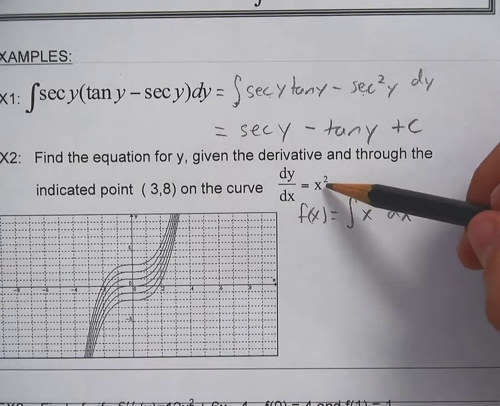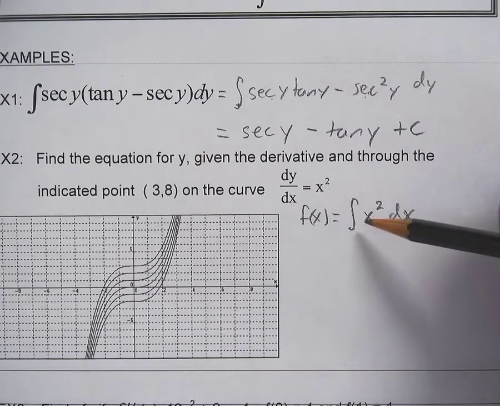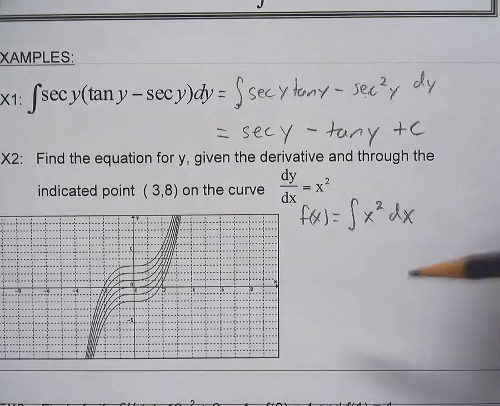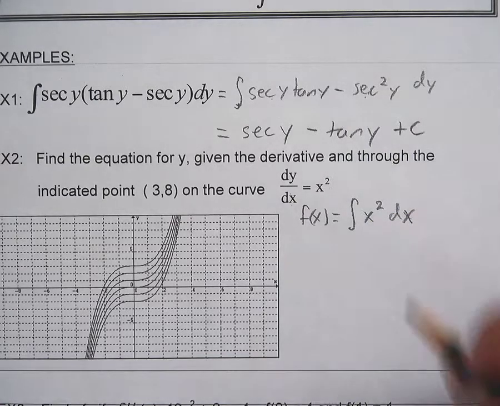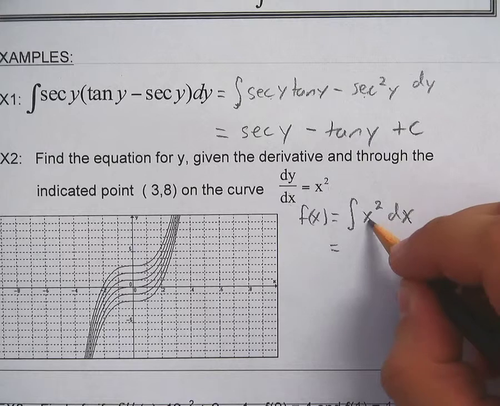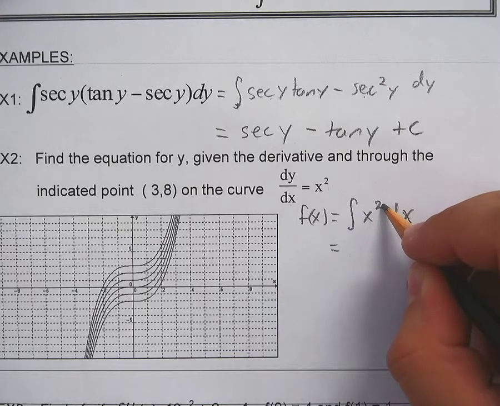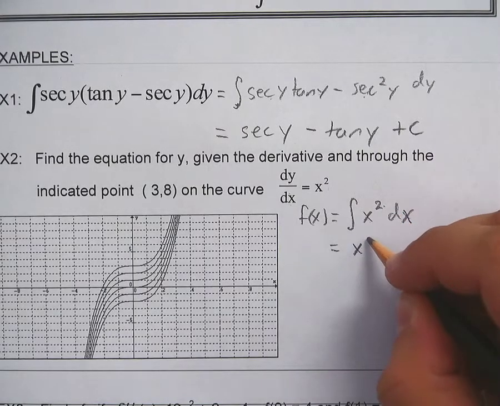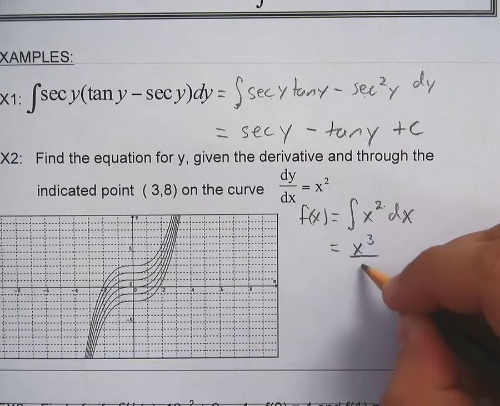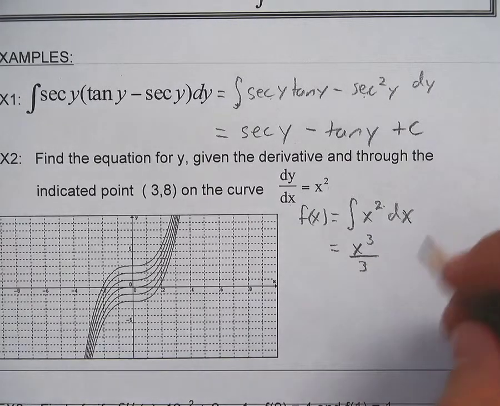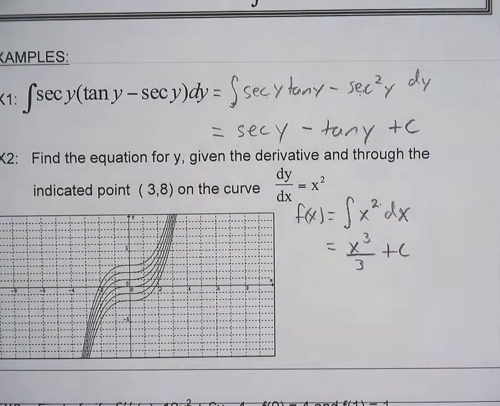If the derivative is x squared, then the function is the integral of x squared, or the antiderivative. So let's figure out what it is. This is going to be x cubed over 3. Remember, it's x to the n plus 1 over n plus 1, plus c. Fantastic. We have found f of x.